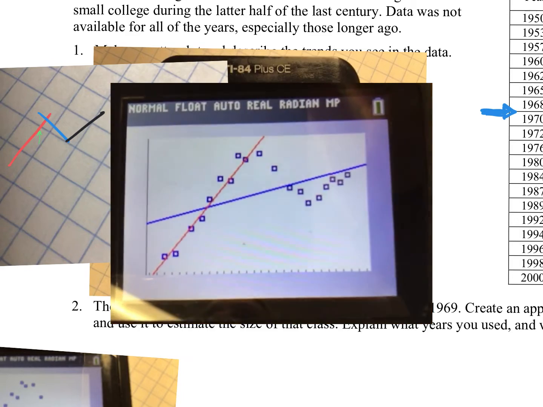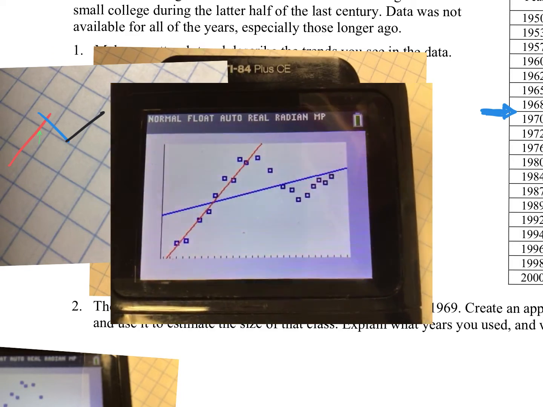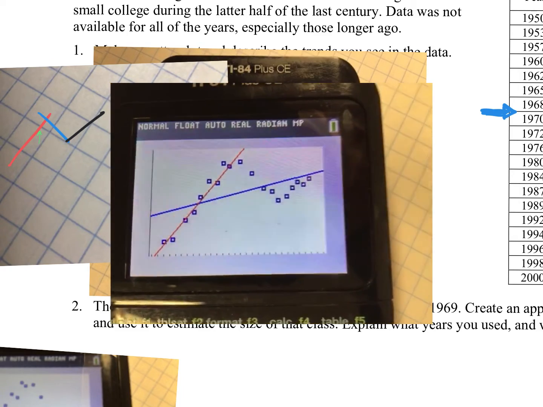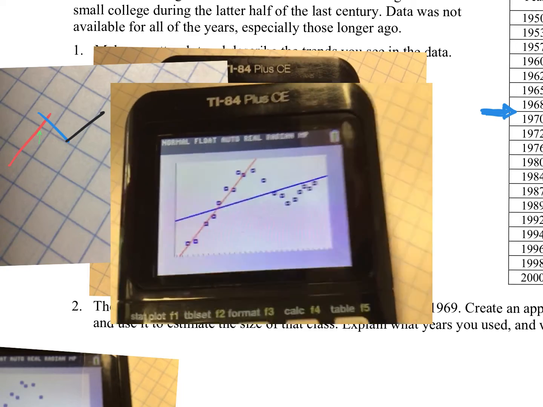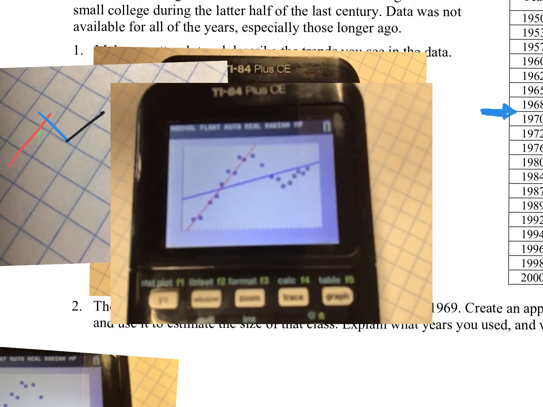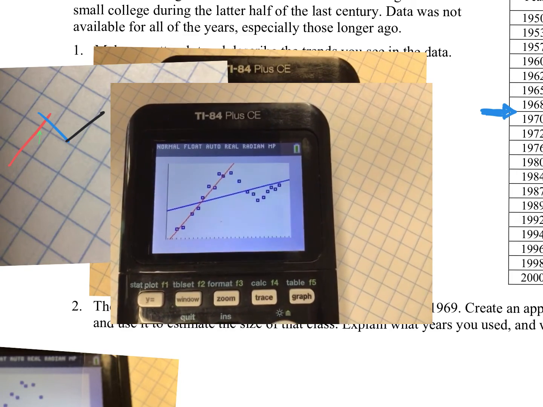It looks like that red line fits it really well. Yes. The blue line was the first regression of all the data together. So sometimes we need to break the data up into subsets and create separate models so we can make predictions that are going to be more accurate.